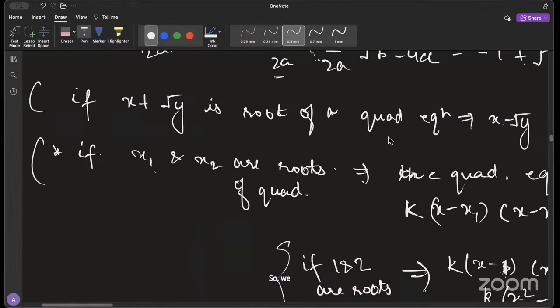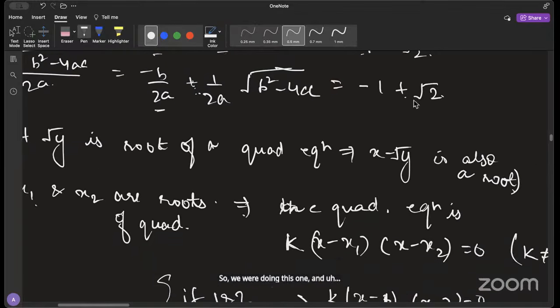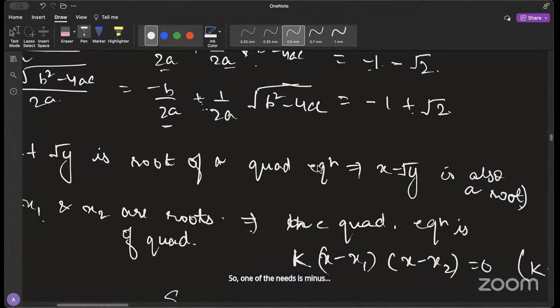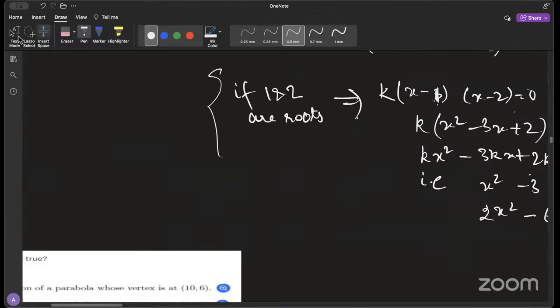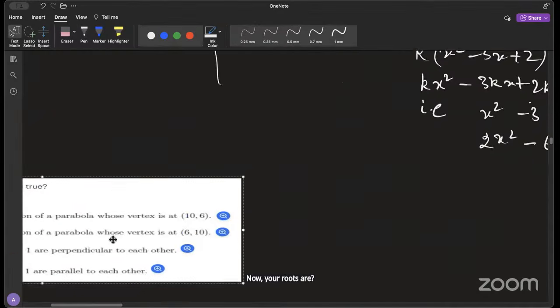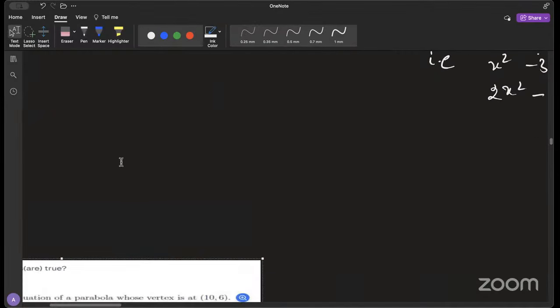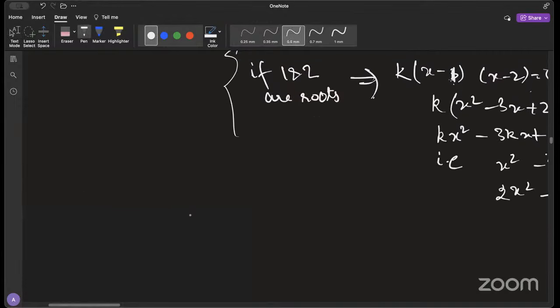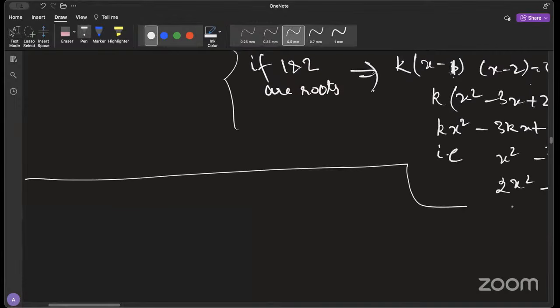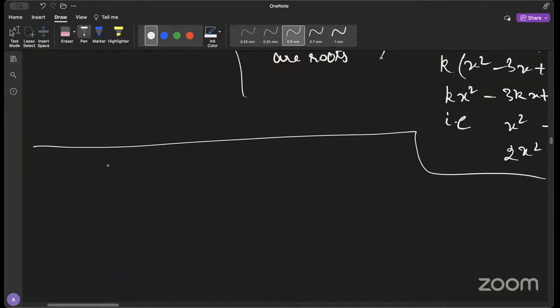So we were doing this one, and one of the roots is minus 1 minus root 2. Now your roots are minus 1 minus root 2 and minus 1 plus root 2, right?